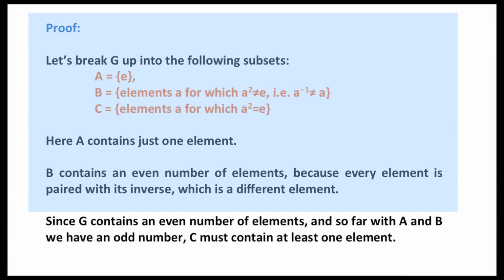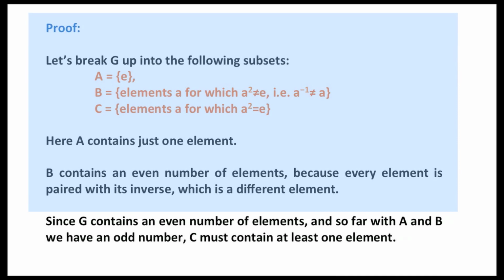B is equivalent to elements a for which a squared is not equivalent to e, that is a^-1 is not equivalent to a. C is equivalent to elements a for which a squared is equivalent to e.